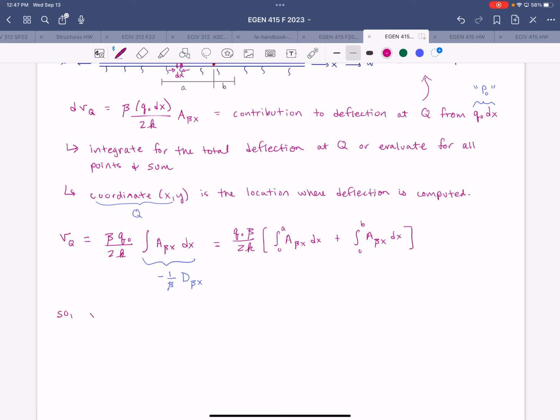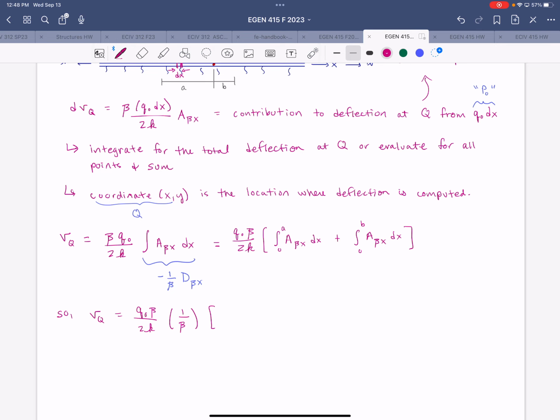So our deflection at point Q then would be lowercase q times beta over 2k times 1 over beta, and then in the brackets I'll have the integral evaluations.